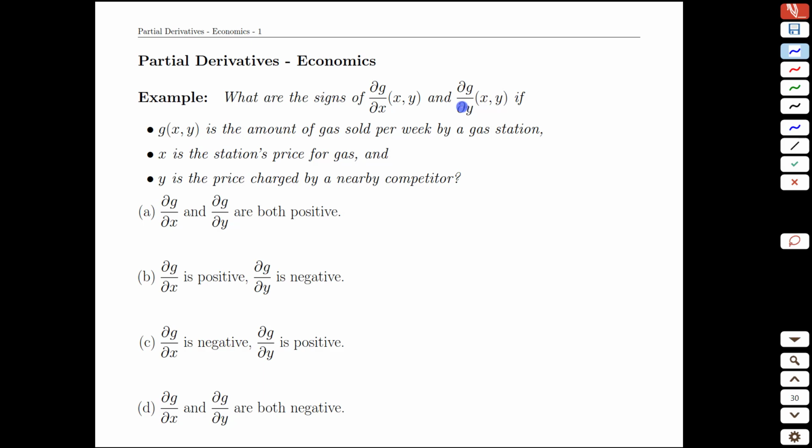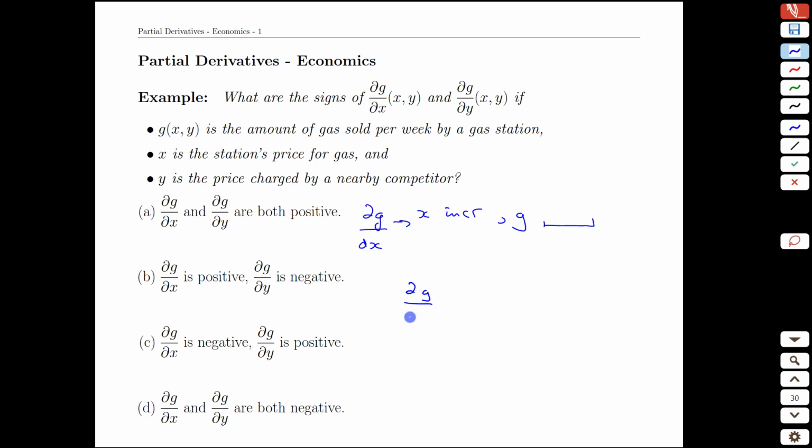Again, signs of derivatives are one of the most important features of them because they tell us how different variables relate. And just as a reminder, if we're talking about the derivative of G with respect to X, the way to imagine the influence of that, or the sign of that, is to ask, if you increase X, what happens to G?